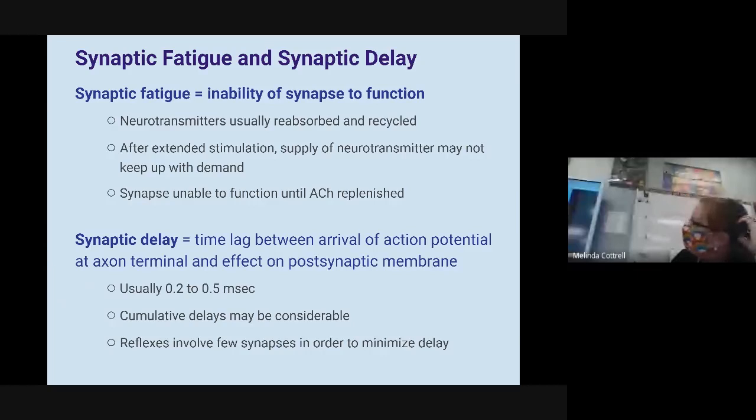It's all due to the neurotransmitter. The synapse cannot function without the neurotransmitter, so that needs to be replenished. That's the idea of fatigue. A delay is just what it sounds like, the lag between the action potential at the terminal and the effect on the postsynaptic neuron. So it's the time it takes the neurotransmitter to actually leave the presynaptic neuron and affect the postsynaptic neuron.